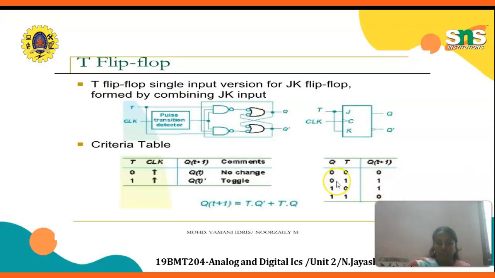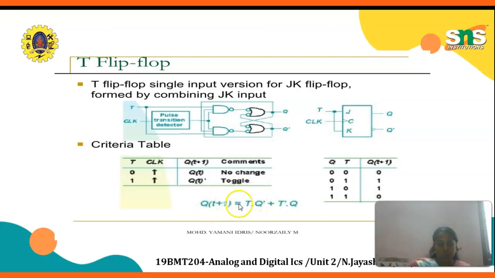Here Q is reset in the next state. If Q equal to 1 and T is 0, there is no change in the output; the same 1 comes to the next state. Next, if Q equal to 1 and T equal to 1, the output becomes 0. That is the characteristic behavior of the T flip-flop.